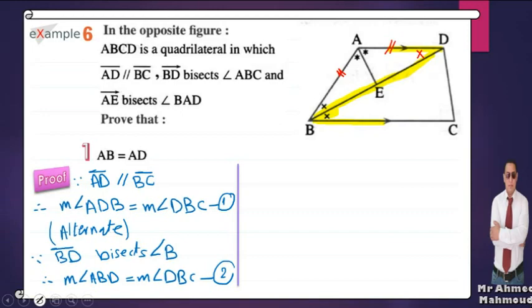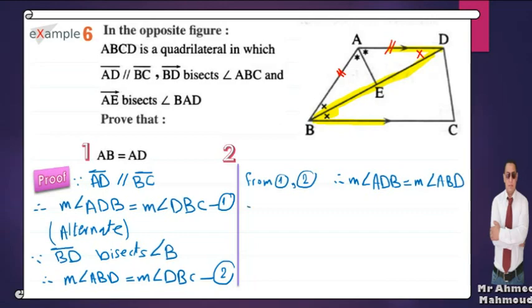Therefore, from 1 and 2, the measure of angle ADB equals the measure of angle ABD.